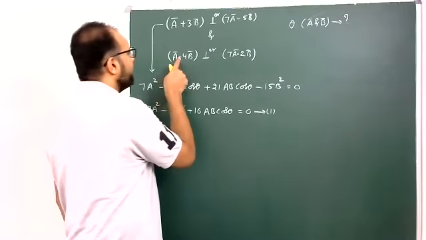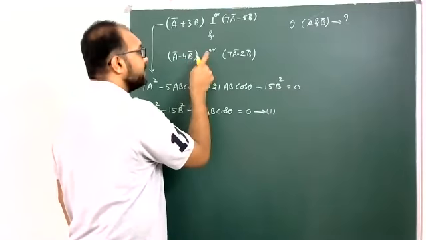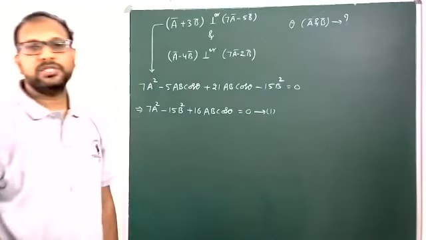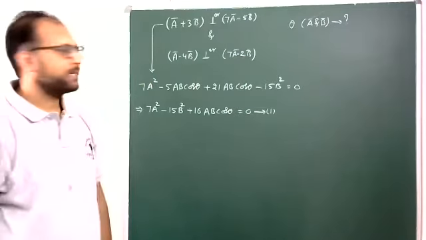Now next, A bar minus 4B bar dot 7A bar minus 2B bar is again 0, because again perpendicular.